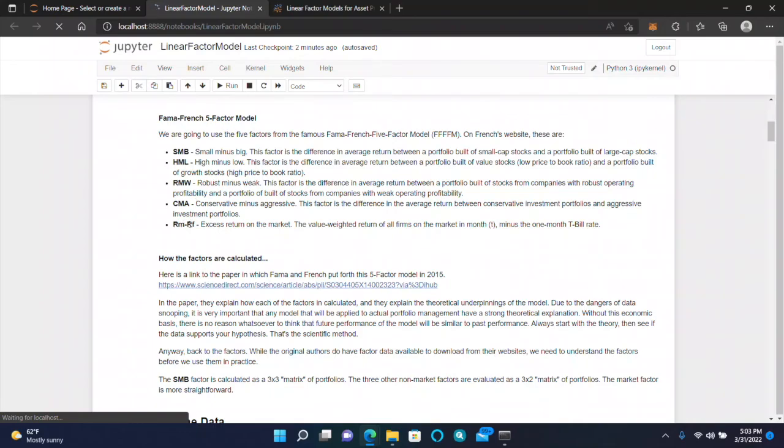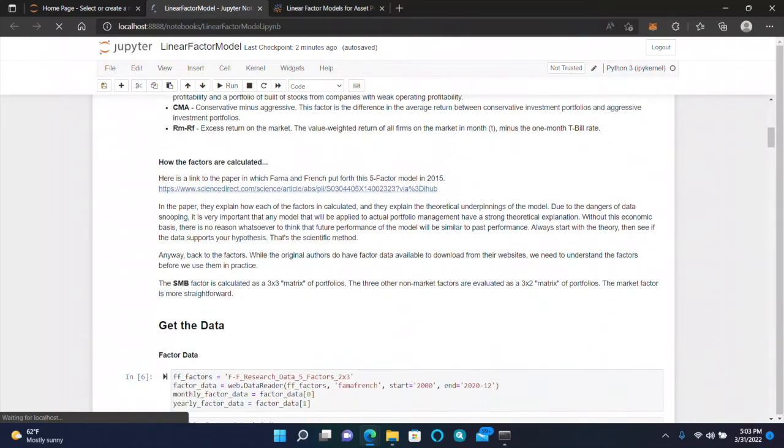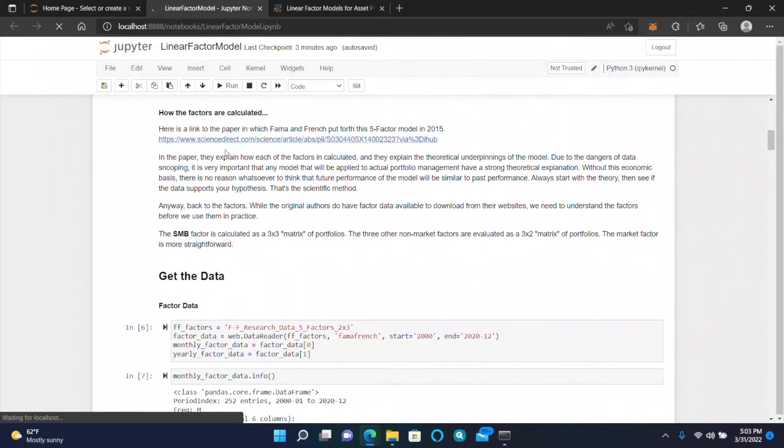And then we have Rm minus Rf, which is the excess return on the market. It is the value-weighted return of all firms on the market in month t minus the 1 month T-bill rate. And that 1 month T-bill rate is standing in as the risk-free rate. Now I've included a link here in this notebook that you can get to in my GitHub, and it's going to tell you more about the factors.